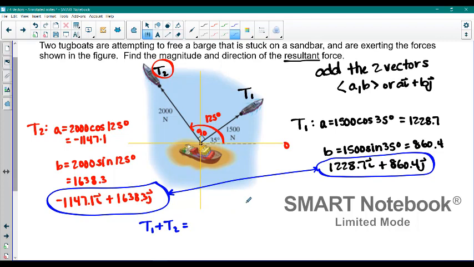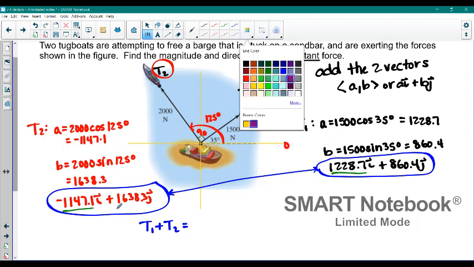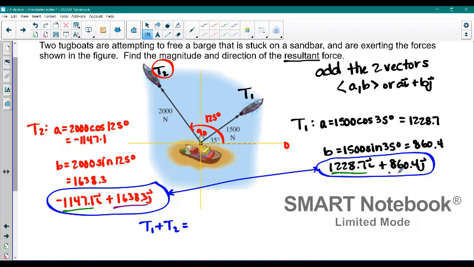When we add the two vectors, we add the corresponding parts together. We'll add the horizontal components together, we'll add the vertical components together, and find the resultant. So we end up with 81.6 in the horizontal direction plus 2498.7 in the vertical component.